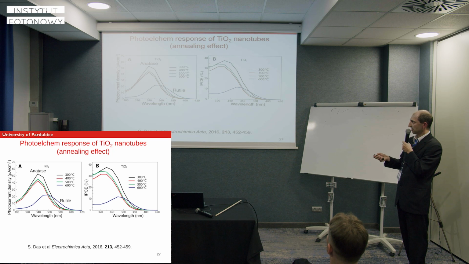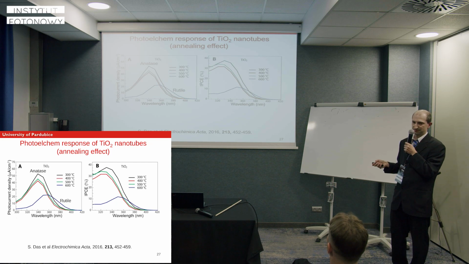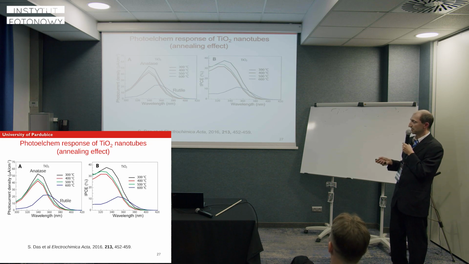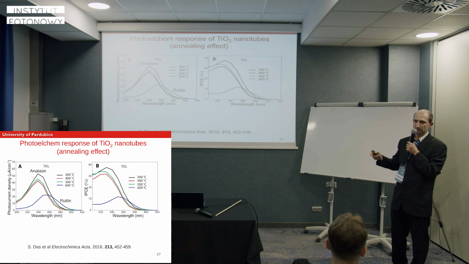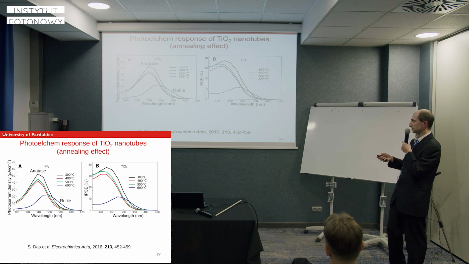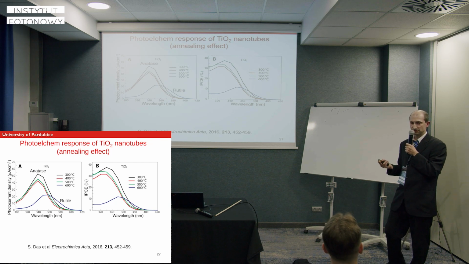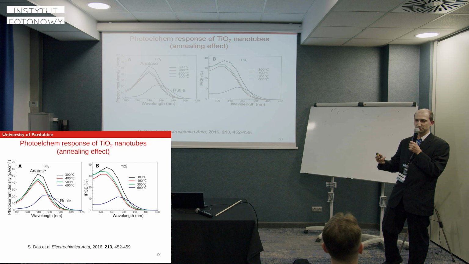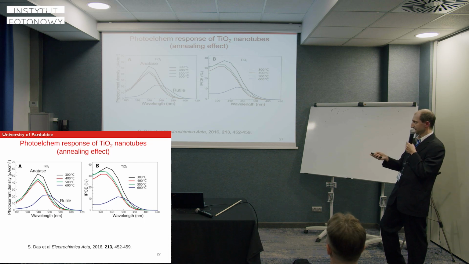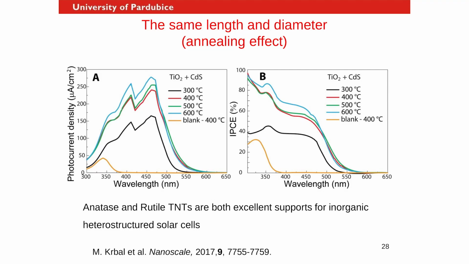You can see here that when you preheat to 600, there is already a rutile structure. As I mentioned at the beginning, anatase is better for photoactive structures, but here we have a rutile structure. And the question is, can we use the rutile structure as a support for heterostructured material? And here is the result.